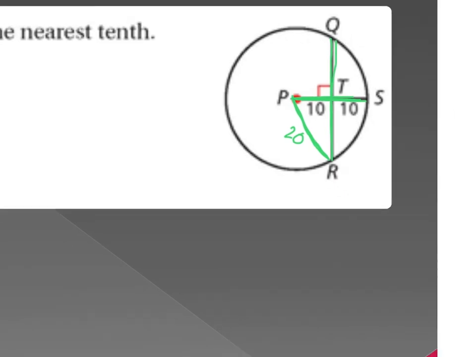So here we have a little right triangle. So now we can do Pythagorean theorem to find out what this length of our triangle is. So we can say 10 squared plus x squared is equal to our hypotenuse squared, which is 20 squared. So 100 plus x squared is equal to 400.